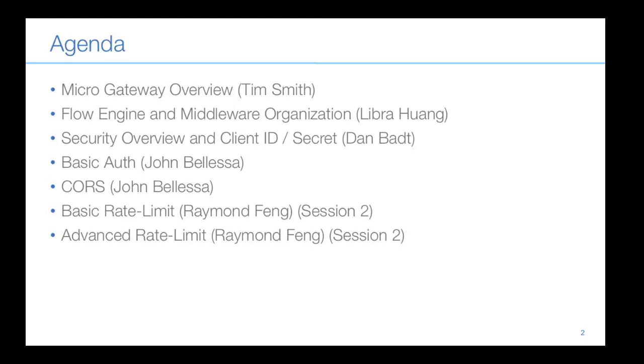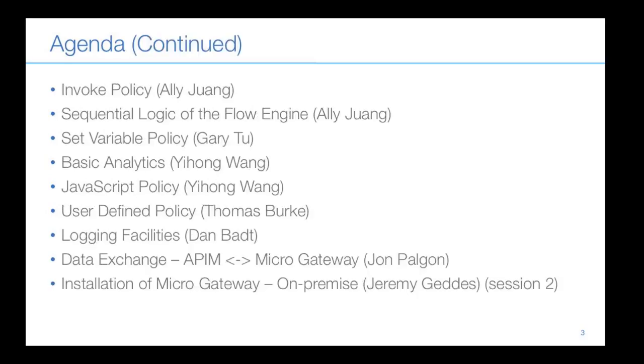We did have a slot for basic rate limiting and advanced rate limiting. That's not going to be in today's presentation. We'll set that aside for a second session. Then Ali Zhuang from our Type A team will present the invoke policy.